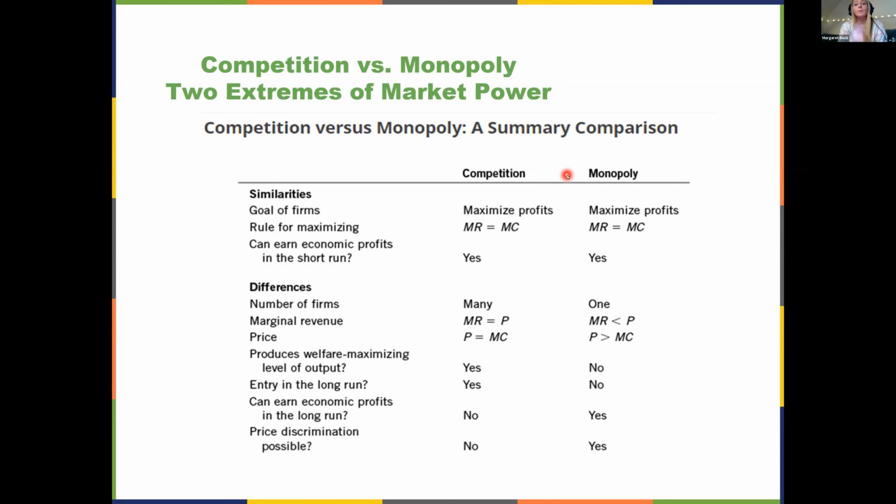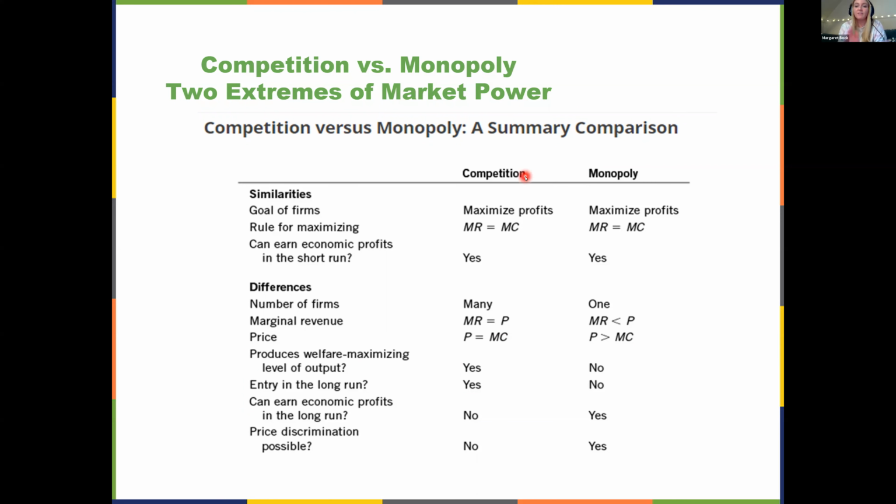And these are monopolistic competition and oligopoly. So these two types of market structures that exist in the middle of the spectrum are more likely to occur in the real world. We have more examples of these different types of market structures because these two extremes are pretty extreme, which means they're pretty rare.